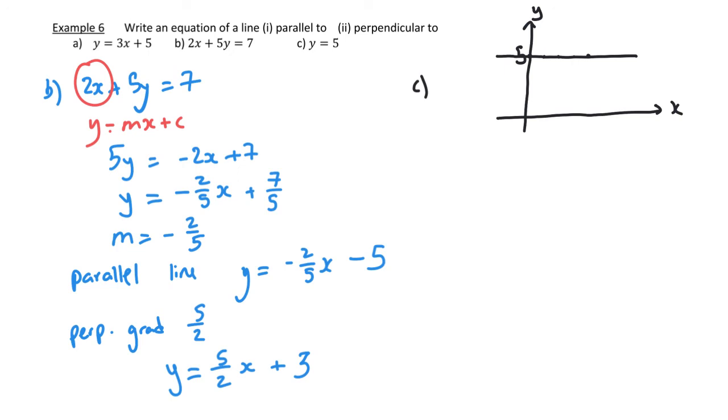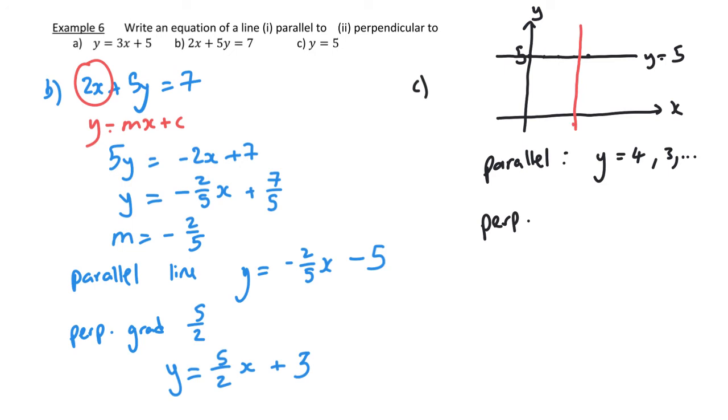So now in finding a parallel line, it could be any line of the form y equals. So it could be y equals 4, y equals 3, y equals 2, anything we want there. For the perpendicular line, if I was to draw a perpendicular to the line y equals 5, that could be it there.